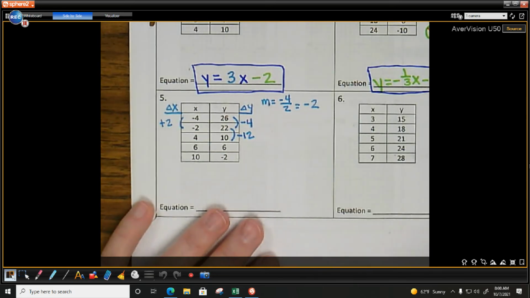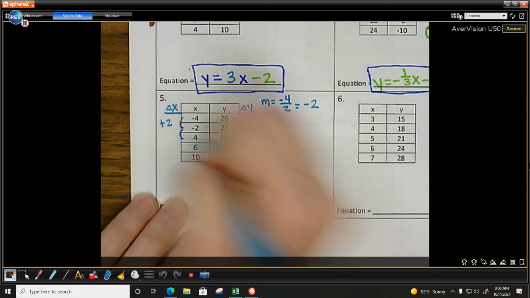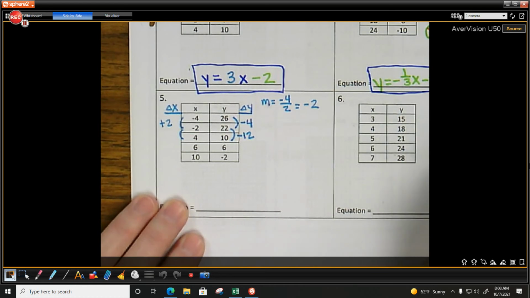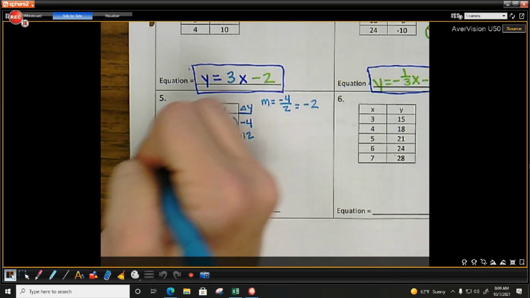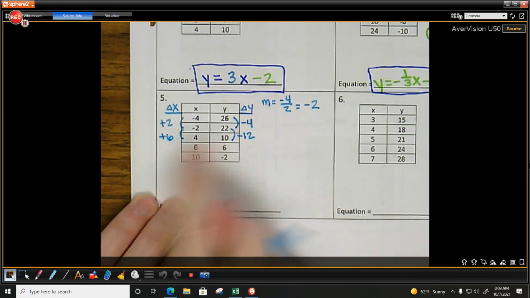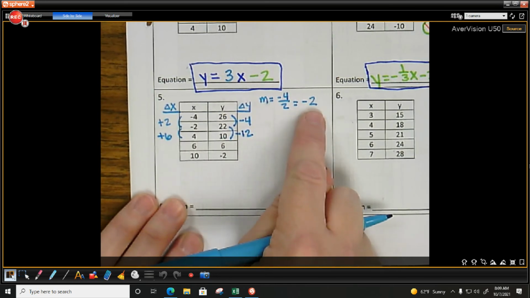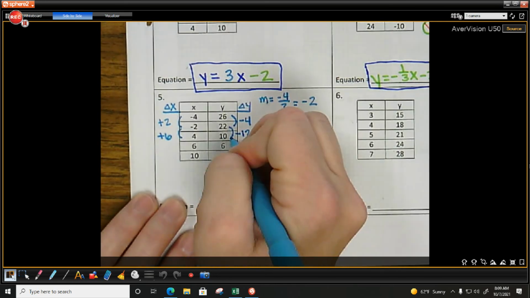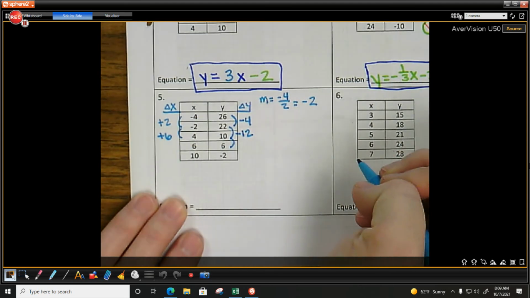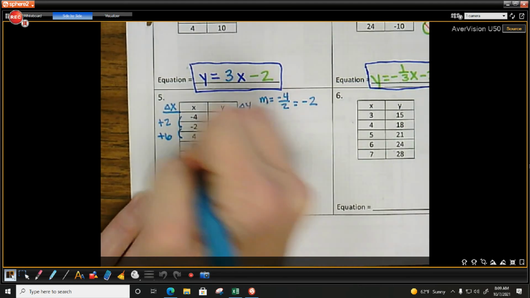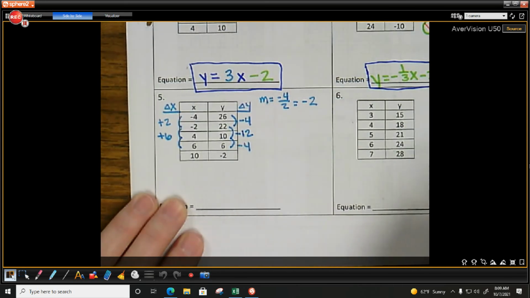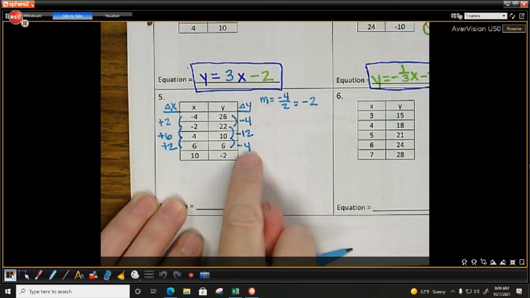But let's look over here. How do you get from negative 2 to 4? Plus 6. What's negative 12 divided by 6? Do you get the same slope? Yes. Okay, how do you get from 10 to 6? How do you get from 4 to 6? What's negative 4 over 2?